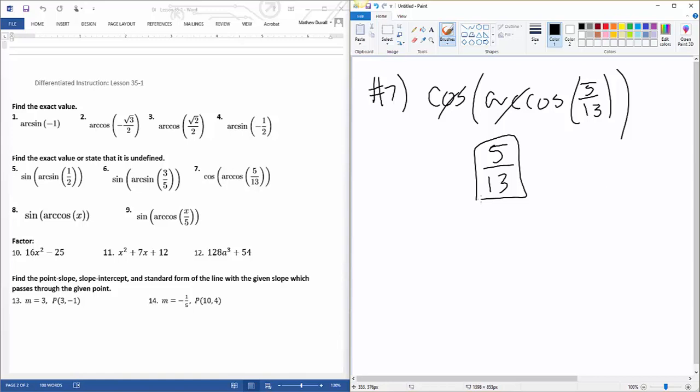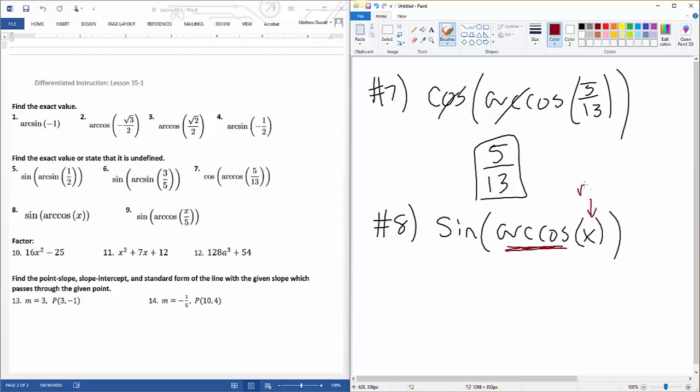Now they do get a little bit more abstract, like in number 8. This says the sine of arc cosine of x. And so the sine of arc cosine of x, okay, sine and arc cosine just don't cancel out. When we have this terminology, arc cosine, remember it's referencing the angle, so it tells you what angle you're looking at on the triangle.